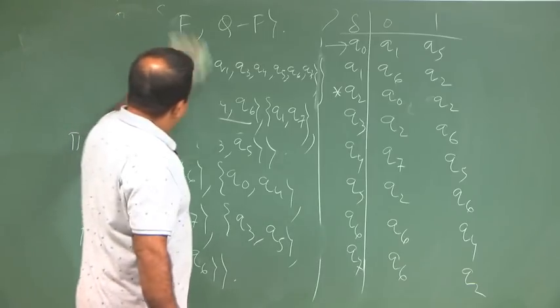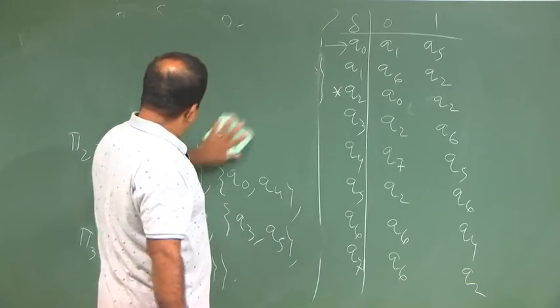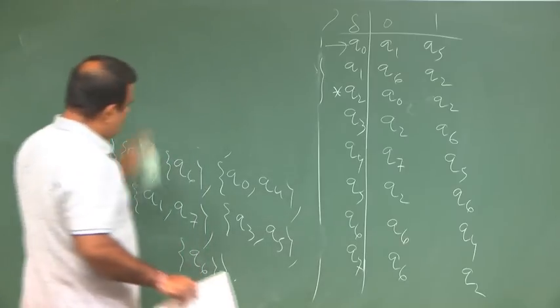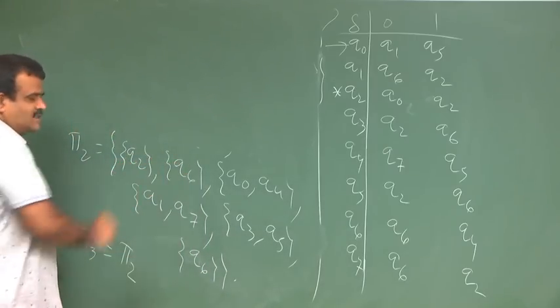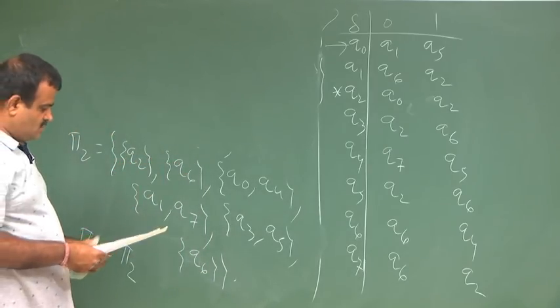Once we have this final equivalence class, we can merge, we can collapse these states. Why we can collapse these states, we will see.